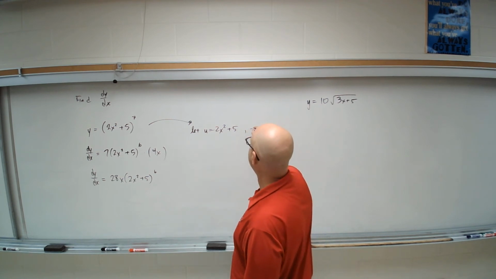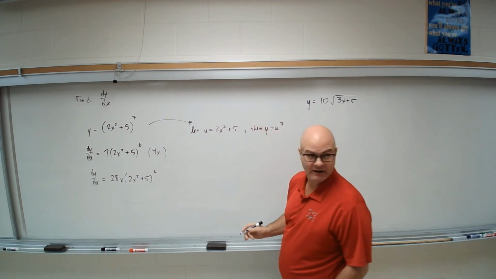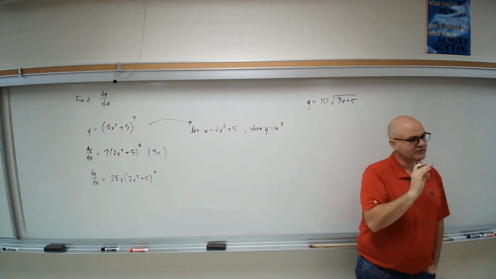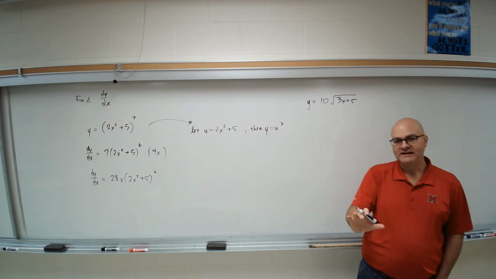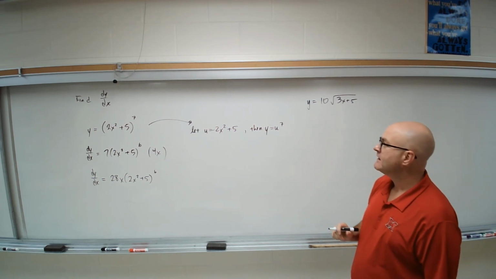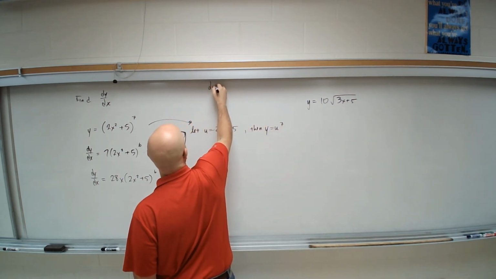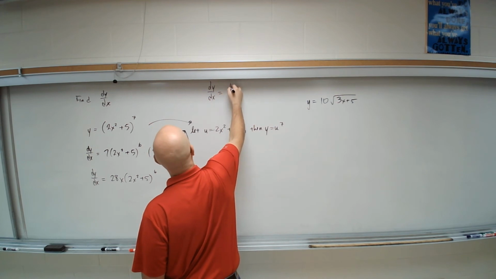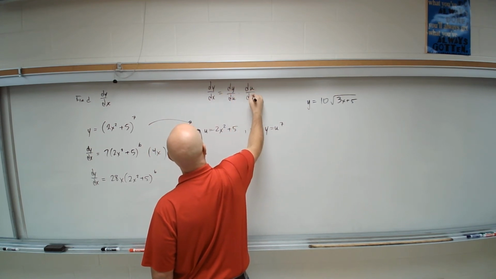Then our y would just equal u to the 7th. So that's just a nice substitution. It's a great way to slow things down and really be deliberate about it. It's a good thing to do. So now we know that our rule, hopefully remember, was dy over dx is dy over du times du over dx.